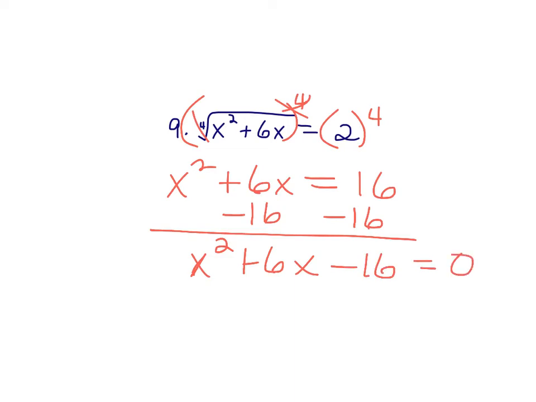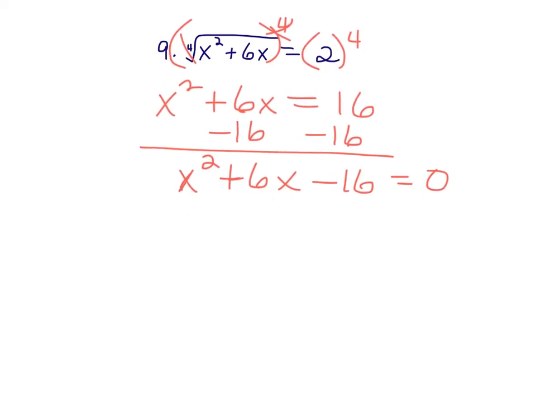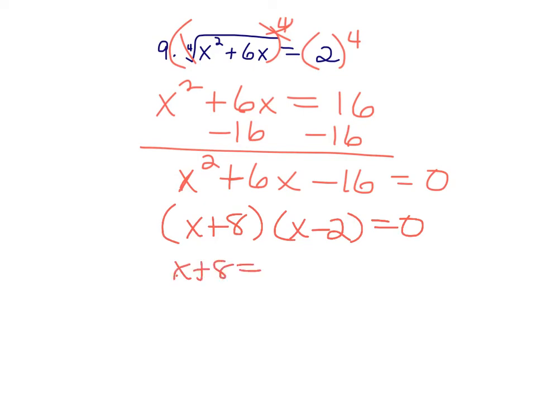Factors of negative 16 that give me 6 are going to be positive 8 and negative 2. Set each equal to 0 and solve, and I get x equals negative 8 and x equals positive 2.